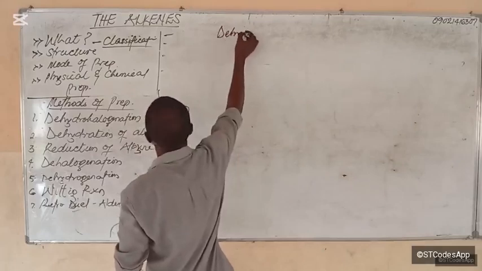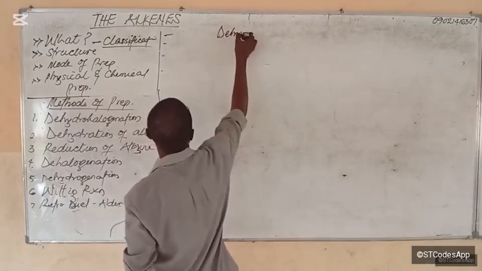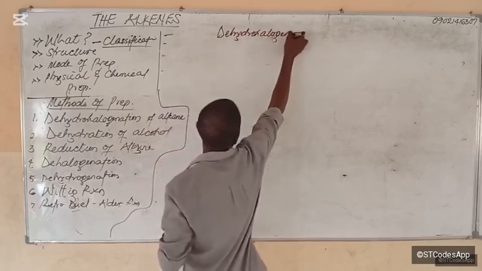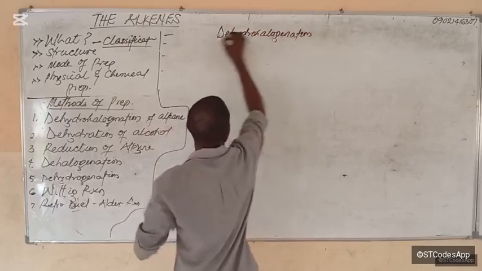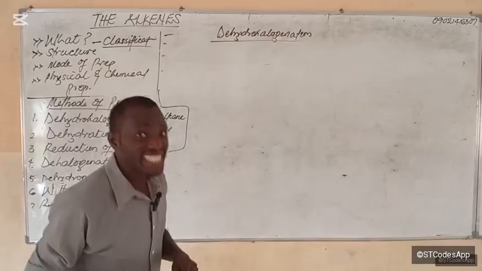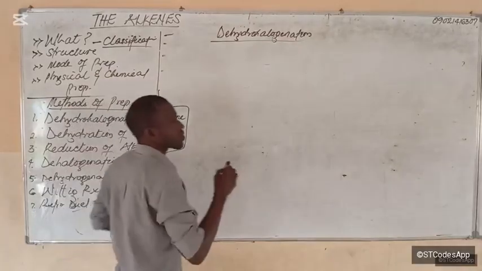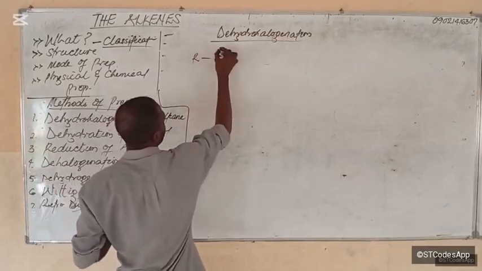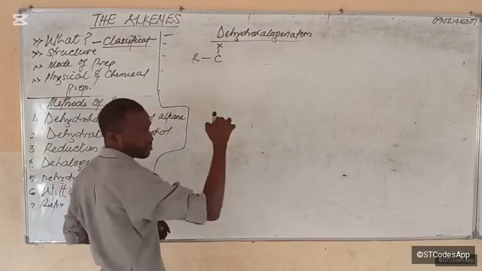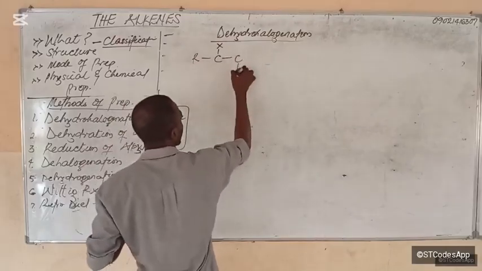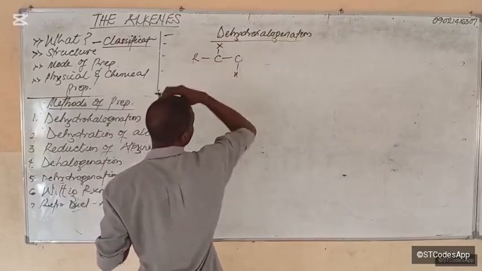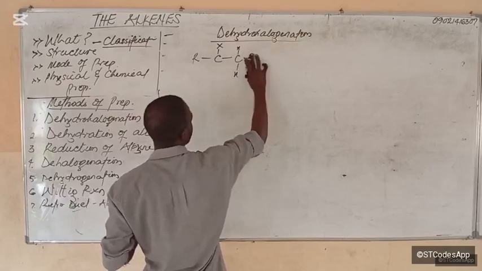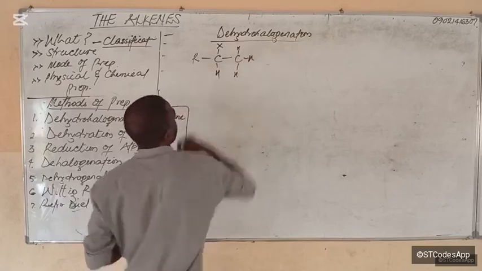Dehydrohalogenation. Now listen. The general reaction is where we have a particular carbon that is bonded with a halogen and another carbon that has hydrogen.